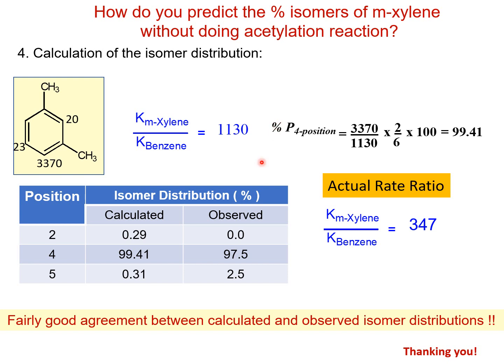But there is a fairly good agreement between the calculated and observed isomer distribution. Here we have not considered any other substituent effect like the steric effect.